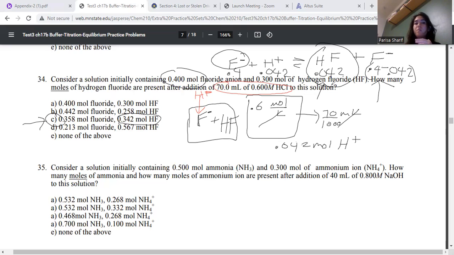But as soon as all of it's wiped out, for example, if we had 0.4 of the H plus, or let's say we had 0.5 of it, what we would get is actually 0.4 of the hydrogen fluoride, because the limiting reactant now would be the fluoride anion. And then we would get 0.1 of the H plus. So here's the H plus, because now this is the leftover guy.